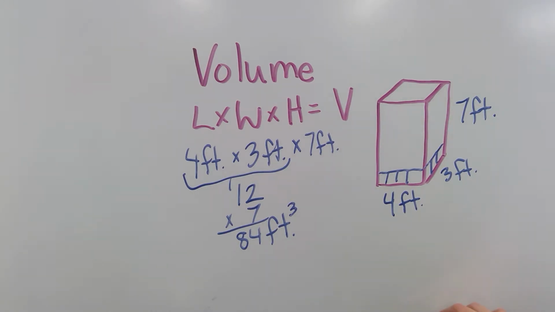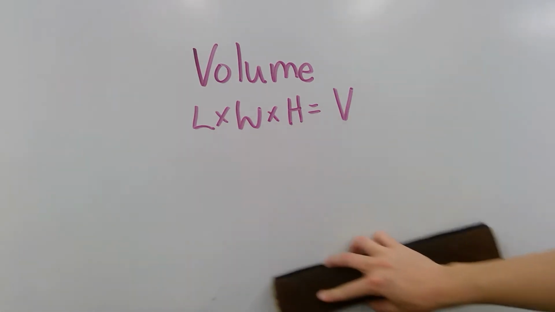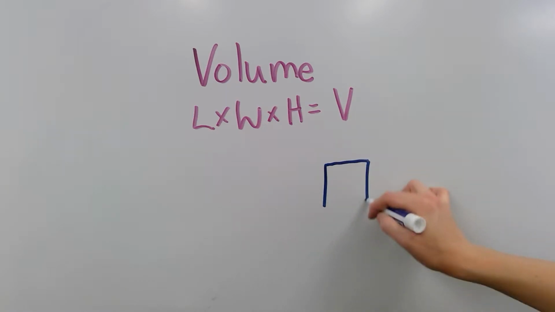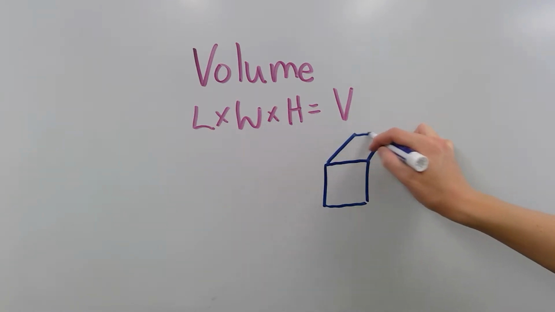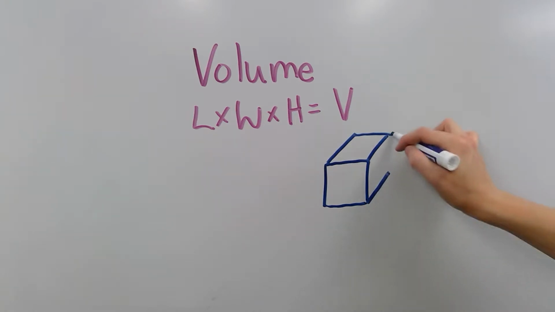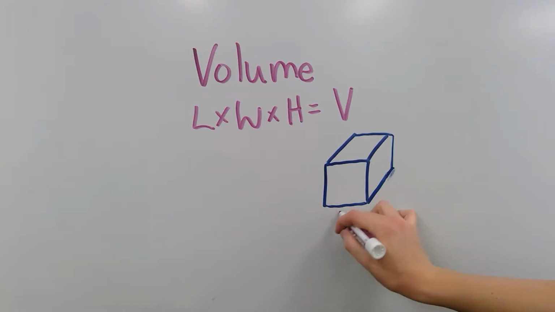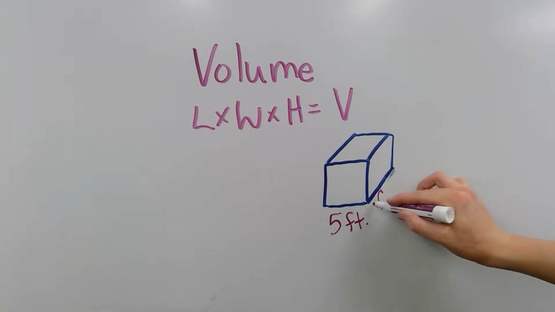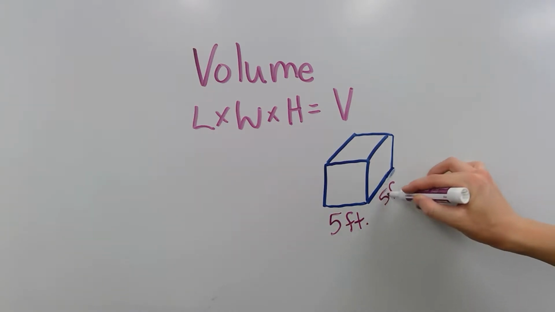Now let's look at another example. So let's say we had a cube, which means all of the sides are equal. And if the length was 5 feet, because it's a cube, that means all of the side lengths would be 5 feet.